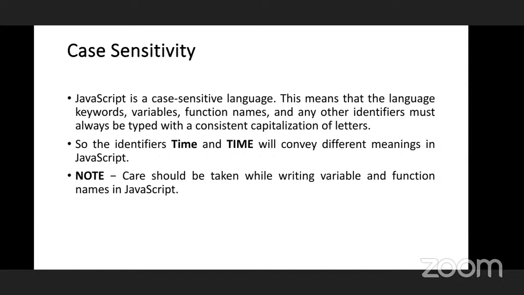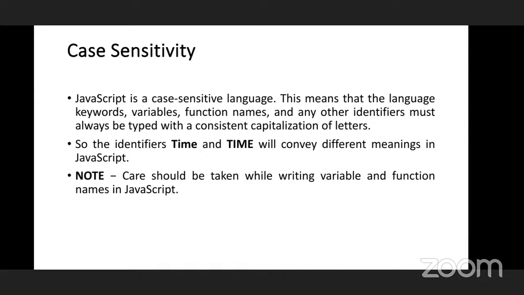Then coming to the property of case sensitivity. As you know, C language is also a case sensitive programming language. Case sensitive means uppercase is different from lowercase letters. So JavaScript is also case sensitive. For example, if you declare a variable name like time, observe here, I have written time twice, where T is capital, and one more time I have written TIME with all capital letters.